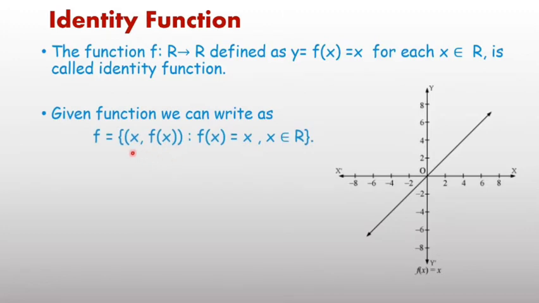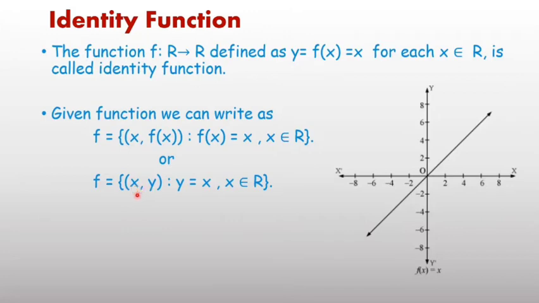Easily you can draw the graph for this also. y equals x: whatever value of x you are taking, the same value of y you will get. If x equals 1, then y equals 1. First point (1, 1). x is 2, y is 2. Second point (2, 2). (3, 3). (4, 4). (5, 5). If x equals 0, then y equals 0.